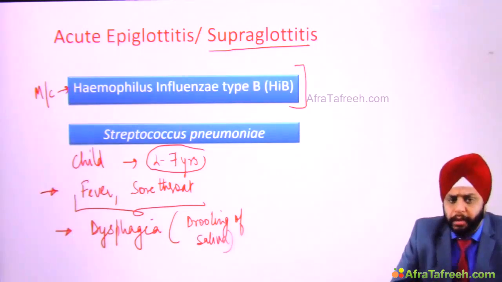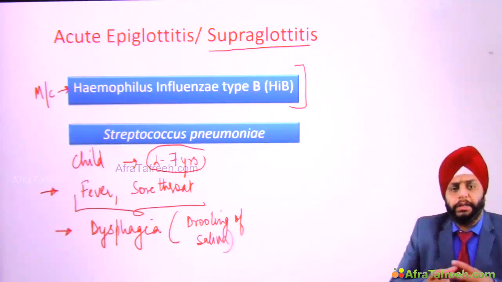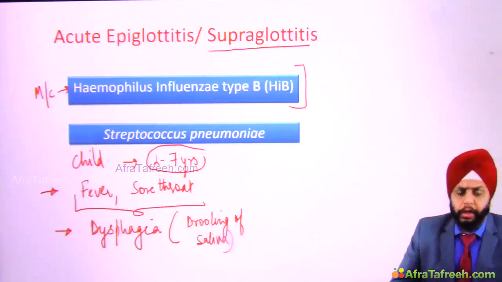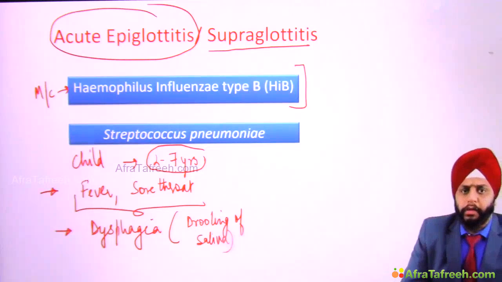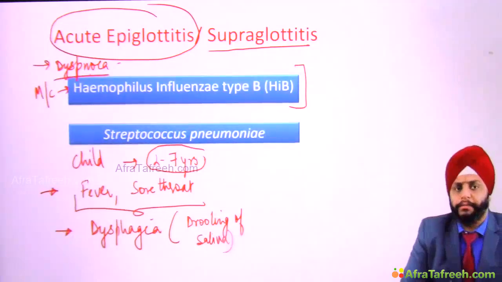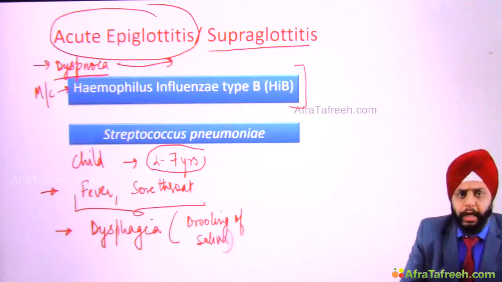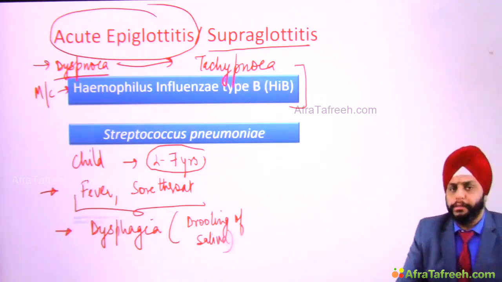Then what else can be there? The epiglottis is inflamed and it may start blocking the airway. So if the airway is blocked because of this acute epiglottitis, this child may have dyspnea, difficulty in breathing. Okay, now because of that, to compensate that, the child may start having tachypnea, increased rate of breathing.